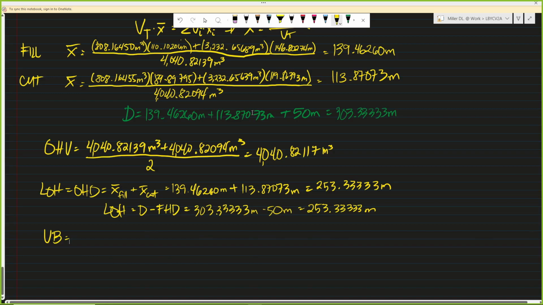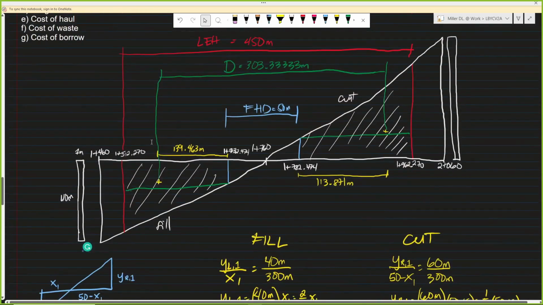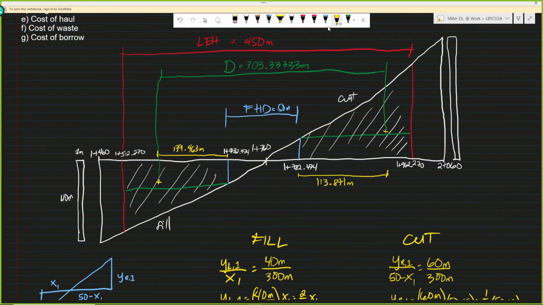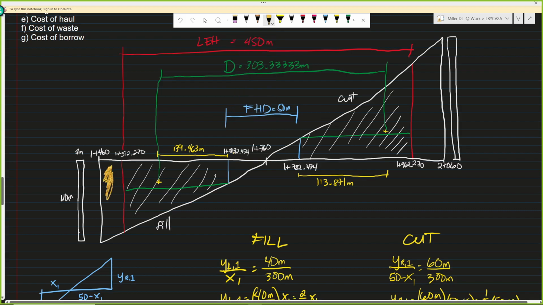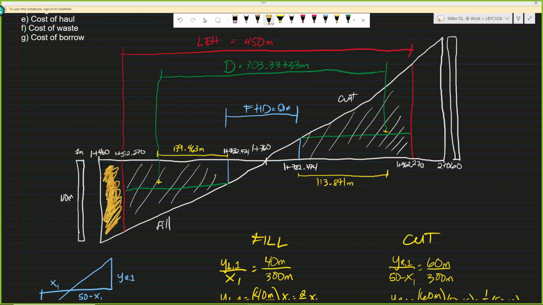Okay? So, ang volume ng borrow for this case is ito. Ito yung ibaborrow. So, ito, bibili tayo. Okay? So, yan ang kukumpitin natin.